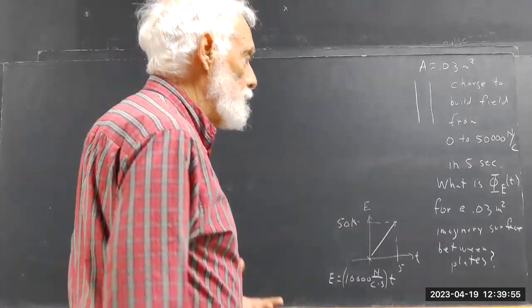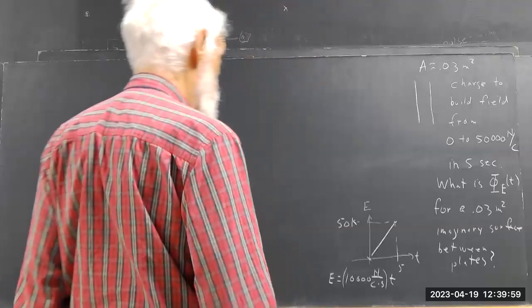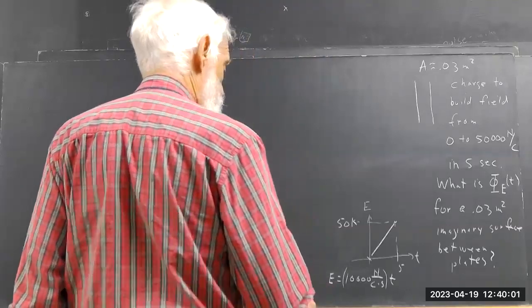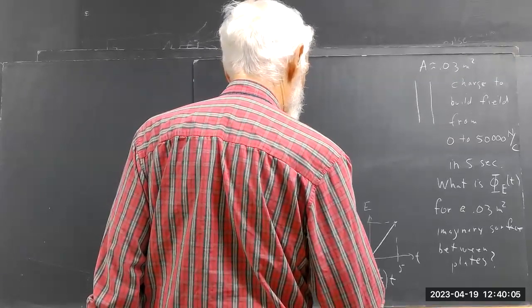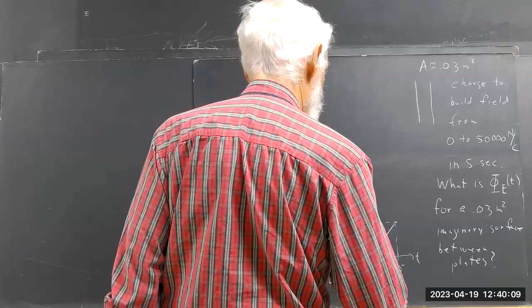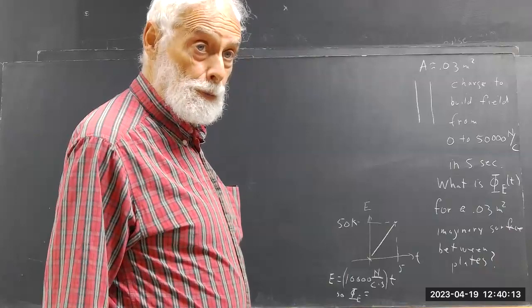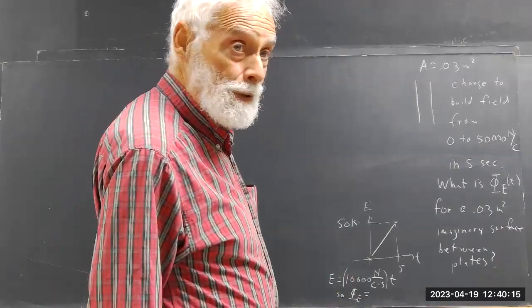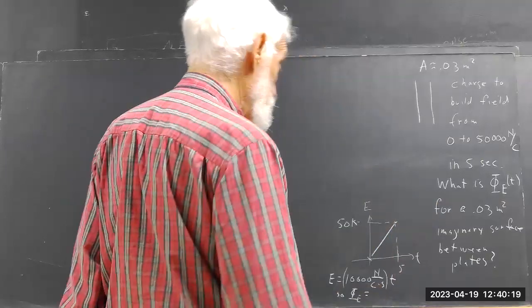So what's the flux? Well, flux is just the electric field times the area. So it's gonna be 0.03 meters squared times this, which is 0.03 times 10,000, 300.